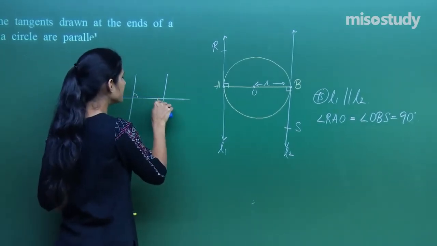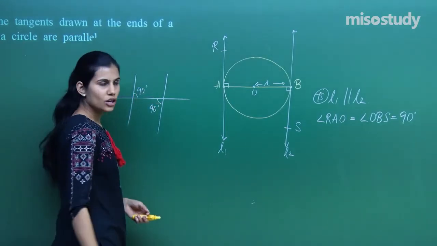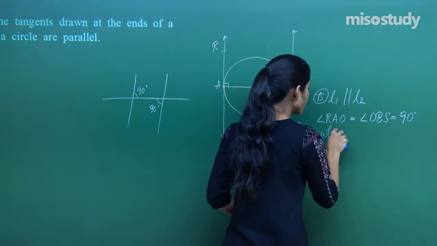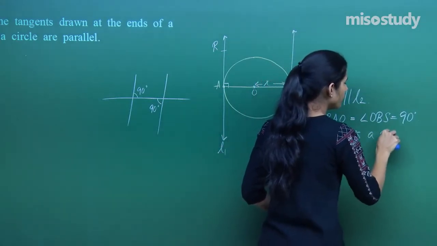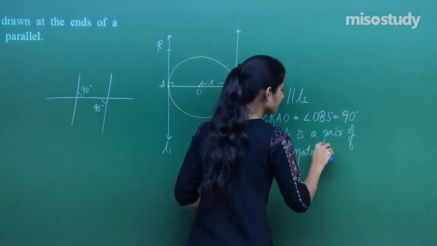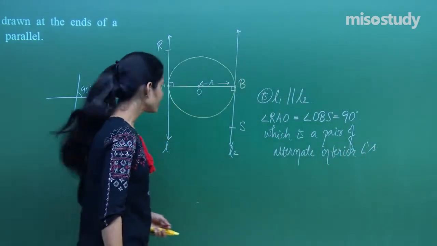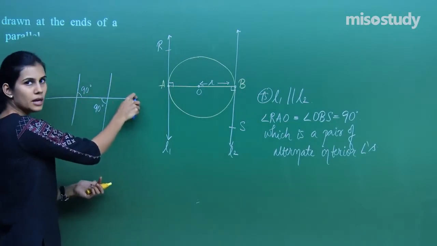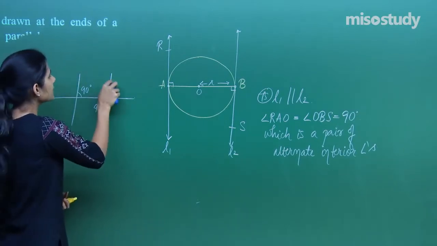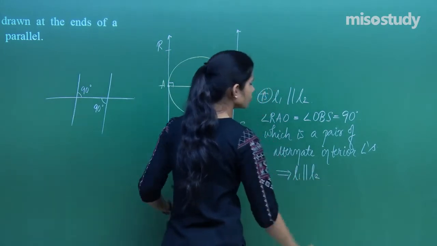This angle is equal to this angle. This is also 90 degrees, this is also 90 degrees. So this is a pair of alternate interior angles that are equal. And the moment there are 2 lines being intersected by a transversal, making one pair of alternate interior angles equal, it means that these 2 lines are parallel. So L1 will be parallel to L2.